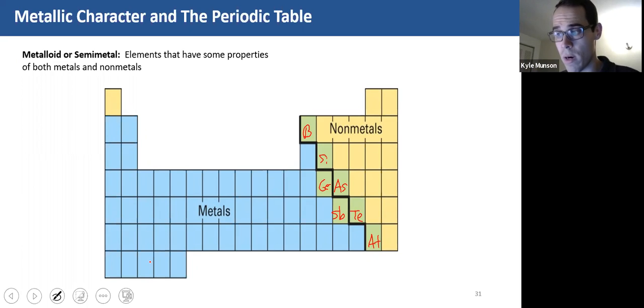So things like boron, silicon, germanium, arsenic, antimony, tellurium, and an element at the bottom whose name I do not know. Okay, so these are the metalloids, and their properties kind of border between being like a metal and being like a nonmetal. They're kind of in that transition region.